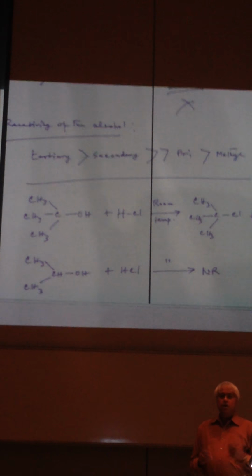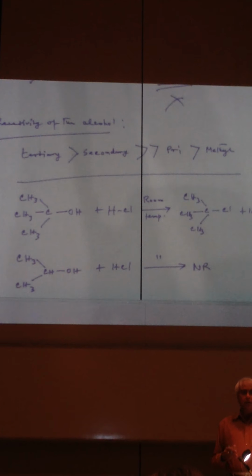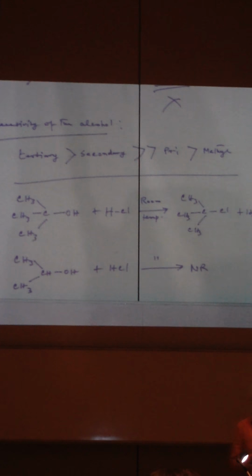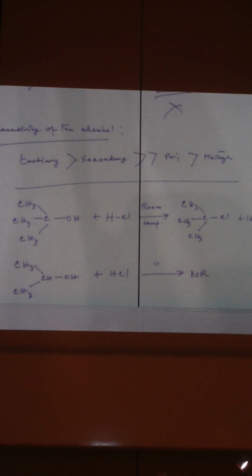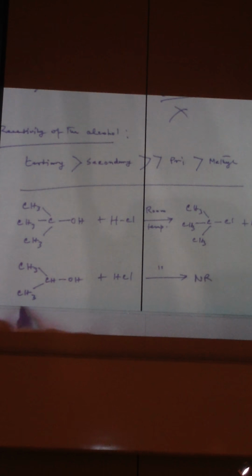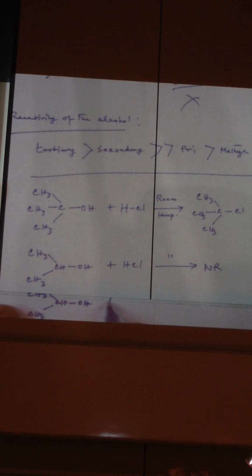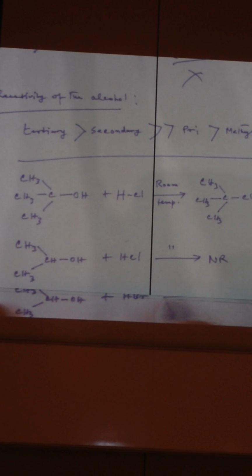If you switch the halogen to bromine, which is more reactive, HBr is more reactive than HCl in those reactions, and heat it up, then the reaction works. So we use the same isopropanol plus HBr, heat it to about 80 to 100 degrees. Then we get the corresponding bromide.